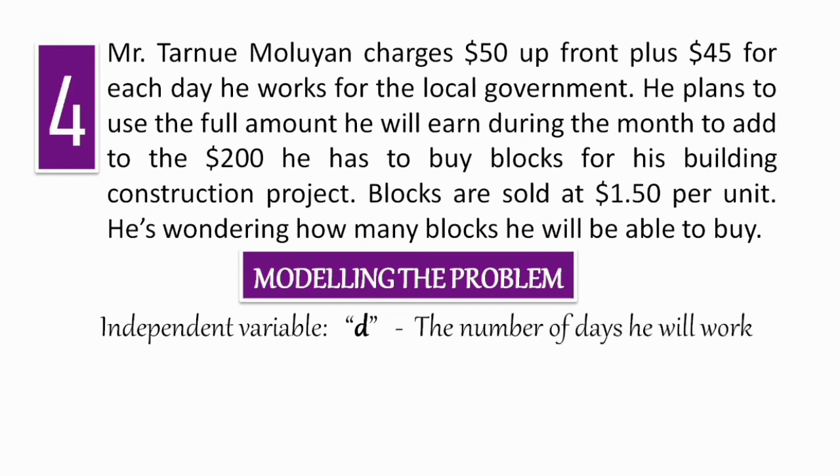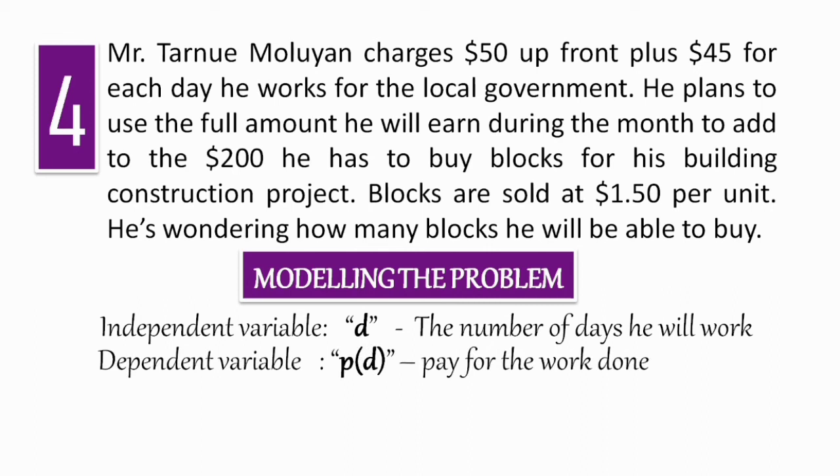We say the independent variable for the first part is D, which is the number of days that he will work. And the dependent variable is P of D, that is the pay that he receives from the work that he will be doing.